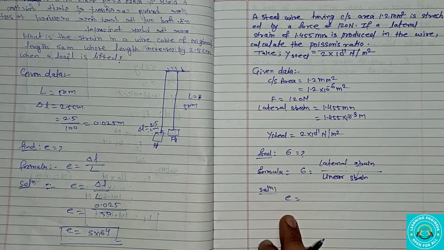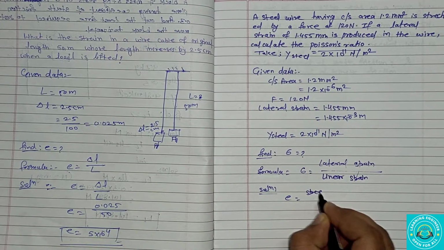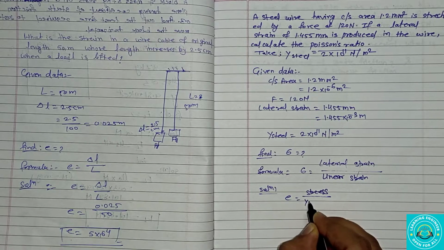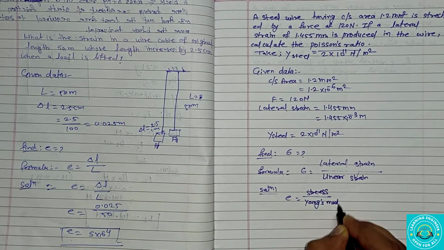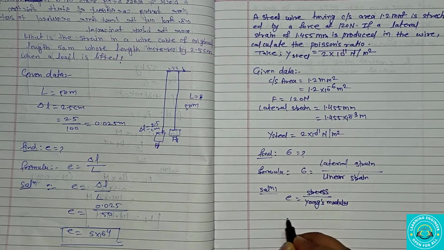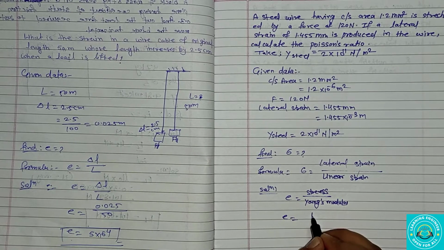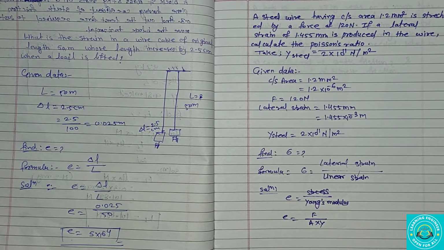Therefore, solution: we know linear strain is equal to stress upon Young's modulus. Therefore, E is equal to stress, which is force upon area, upon Young's modulus.